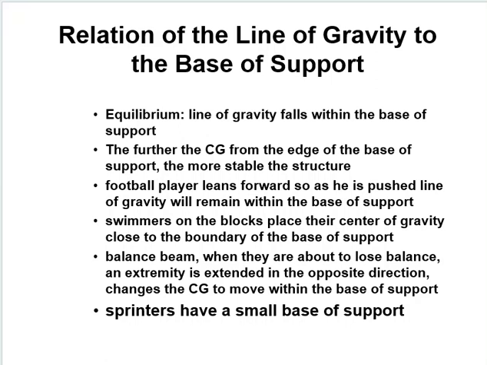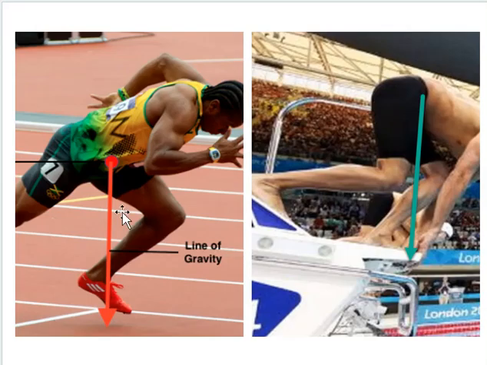And again, like swimmers, sprinters also have a small base of support and they want to be relatively unstable at the gun. And so we can see here a swimmer on the right, and there's their line of gravity very close to the edge of their base of support. The same with a runner because they want to move forward.